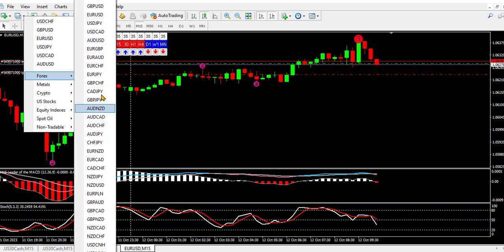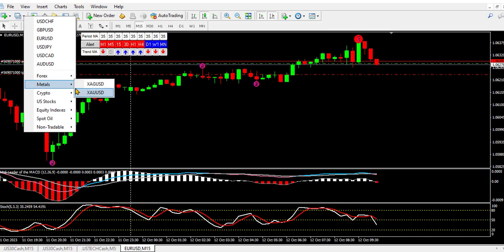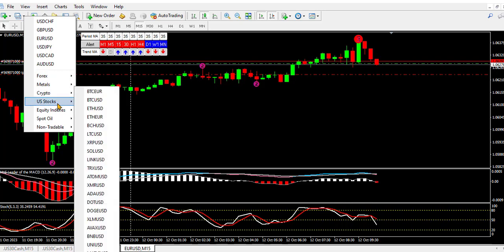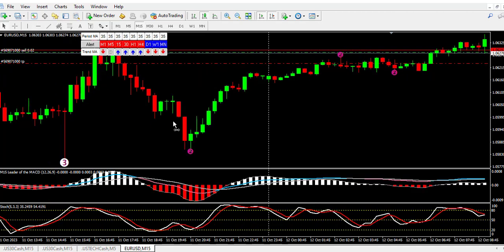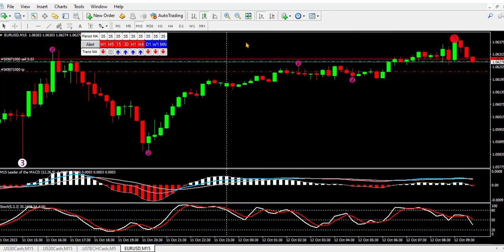You can use it on gold, crypto, the US stock equity index like US 30, US 100, spot oil. So you can use it on any instrument you want, provided it's available on METATRADER4 on your broker.